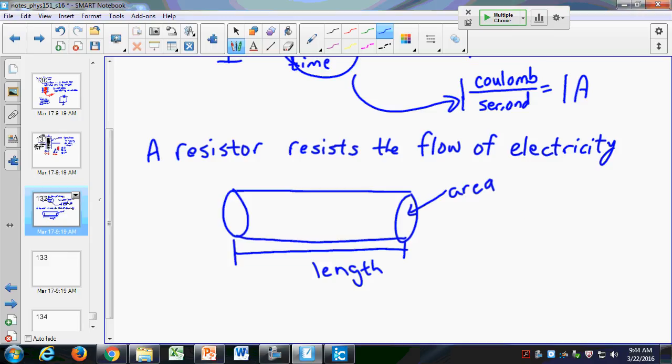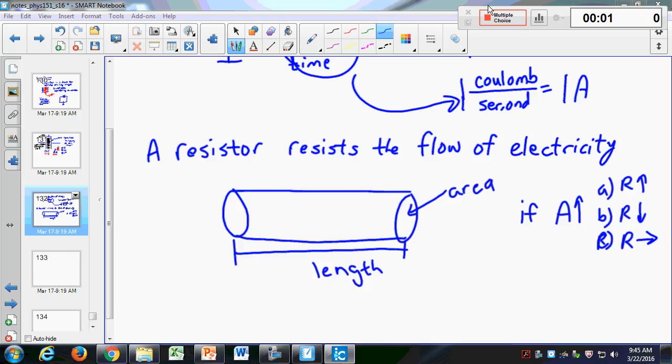So if the area goes up, what happens to the resistance? Does the resistance go up, go down, or remain the same? If the area of my resistor, or thinking of it as a pipe with water flowing through it, gets bigger, what happens to my resistance?